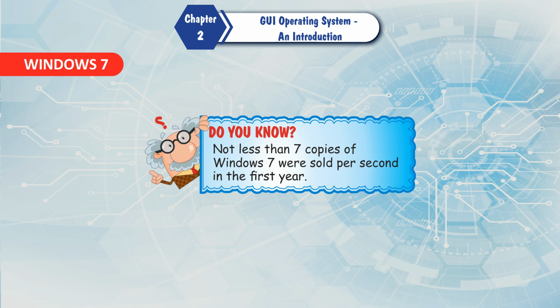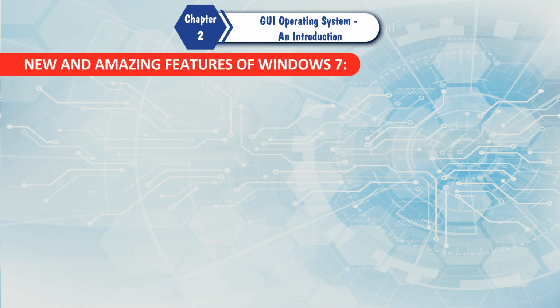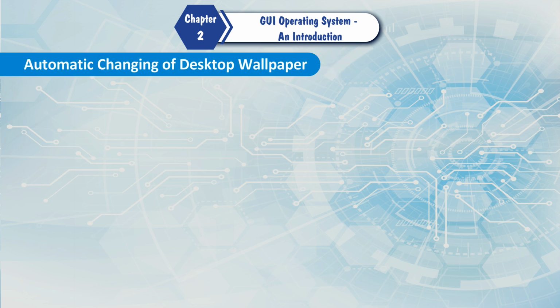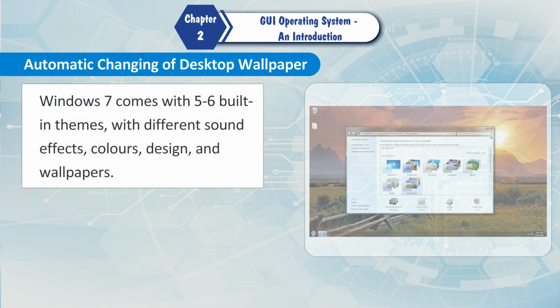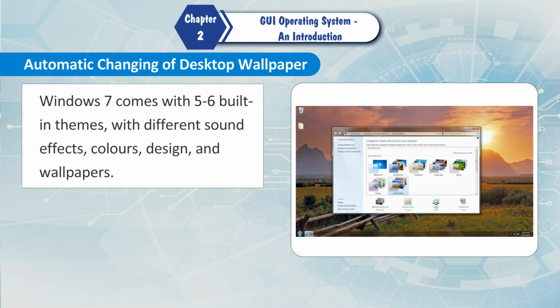Do you know, not less than 7 copies of Windows 7 were sold per second in the first year. New and amazing features of Windows 7. Automatic changing of desktop wallpaper. Windows 7 comes with 5-6 built-in themes with different sounds, effects, colors, designs, and wallpapers.